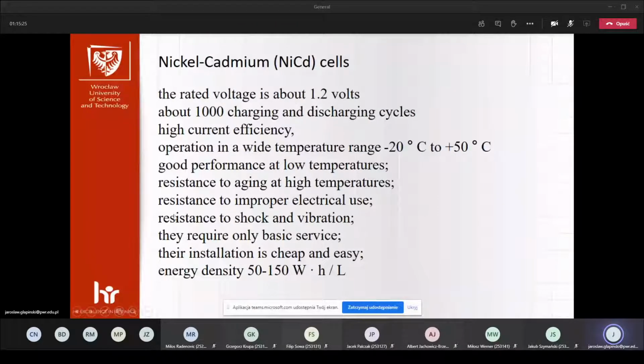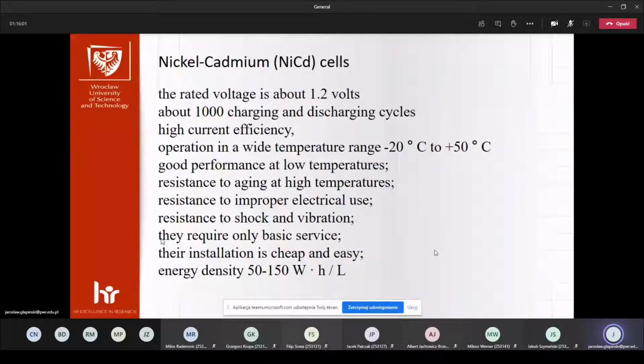So this is very important because of the solution we use to design the batteries, it is shock and vibration resistant. So we can't easily break the accumulator. This does not require any other services, so we do not have to change the electrolyte in it, it's closed and ready to use.